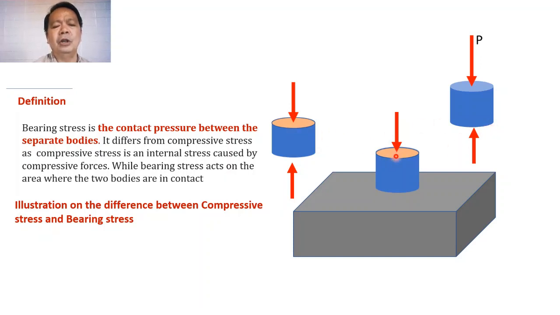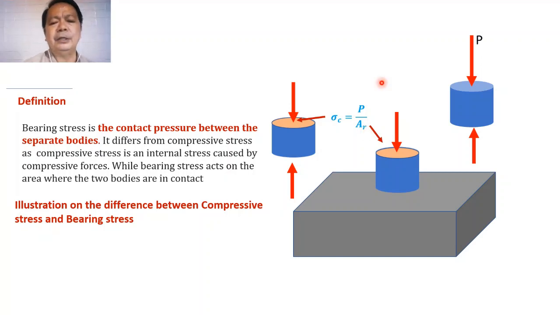And all of them are subjected to what we call a compressive stress. And these are all internal stress. The internal stress is happening in this particular part. There is the compressive stress happening here and also happening there. The magnitude of which is the ratio of the compressive load over that of the resisting area.